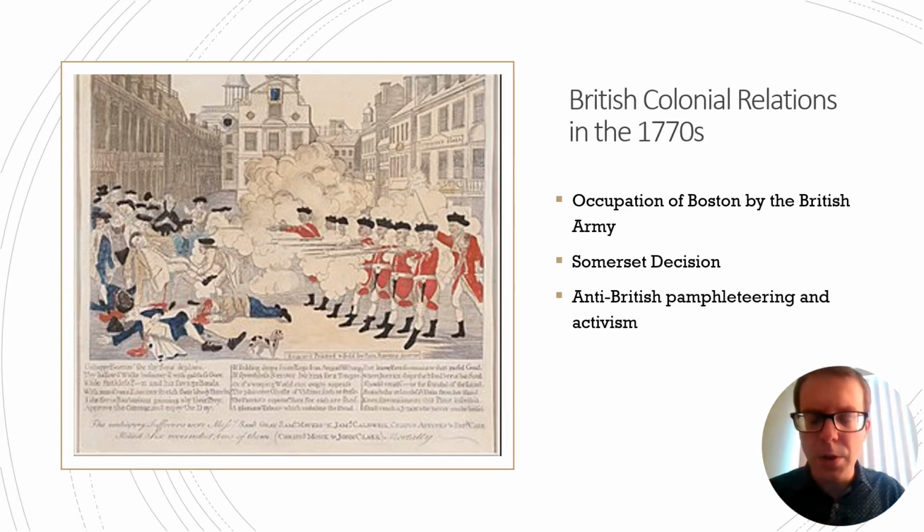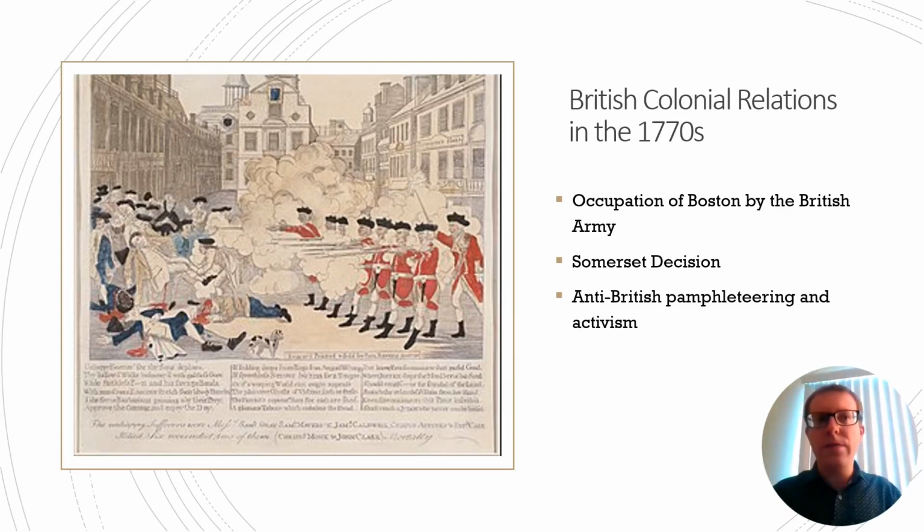When James Somerset arrives in London, he sues for his freedom, goes to a court and says that he has been physically harmed by his enslaver, and that he should be free within England itself.